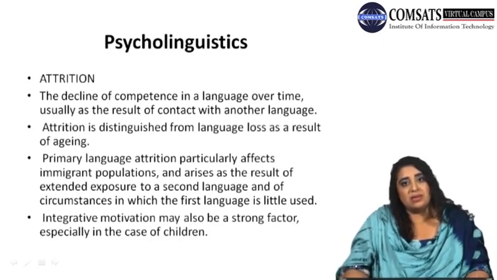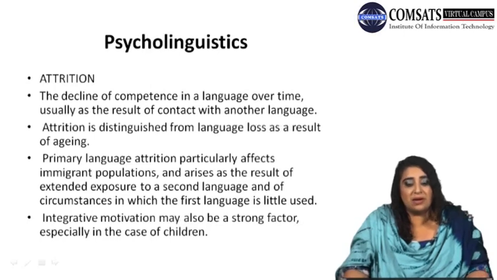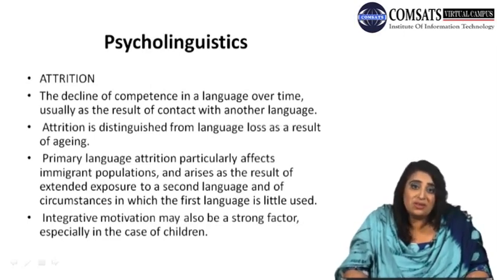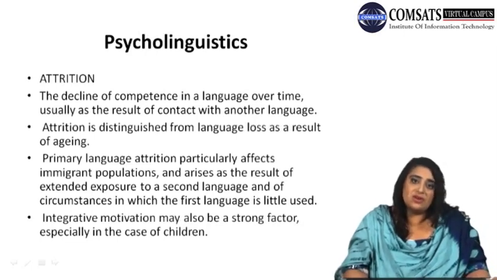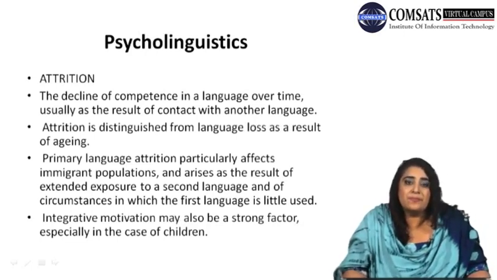But as soon as I completed my studies and came back to Pakistan, I no longer had Russian friends. So I'm constantly speaking either in Urdu or in English. Now, when I'm using these two languages, my ability or competence in Russian has declined. Why? It's not that I've forgotten it.